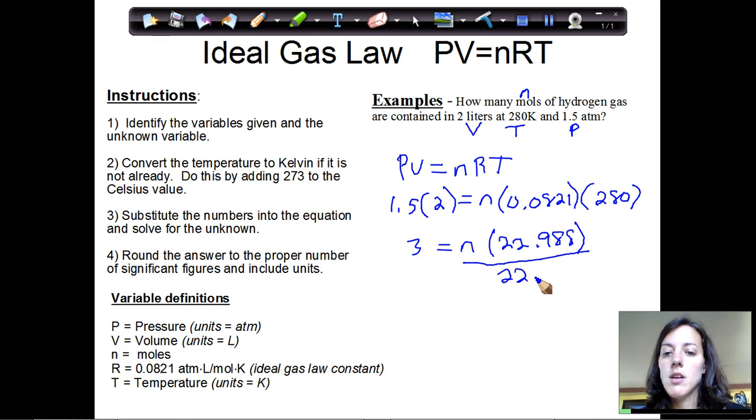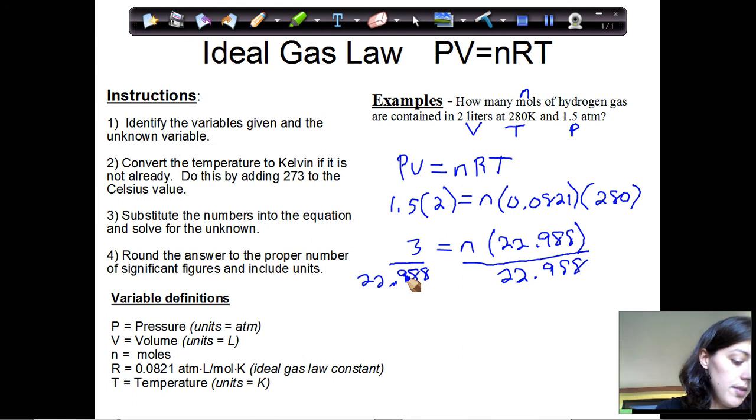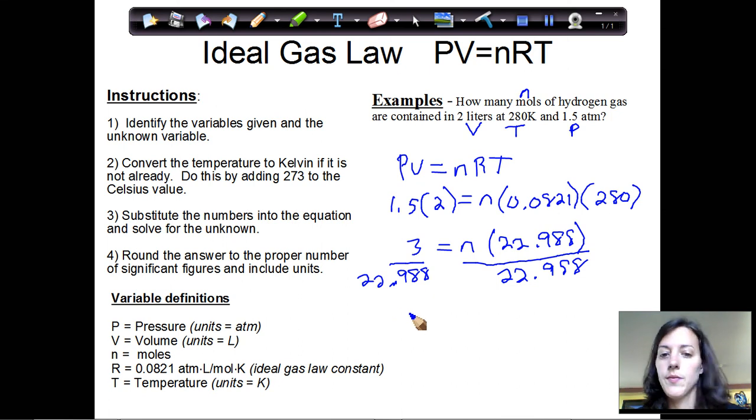We'll divide both sides. And that comes out to be 0.13. And n is moles, so remember to write your units in, and that's moles of H2.